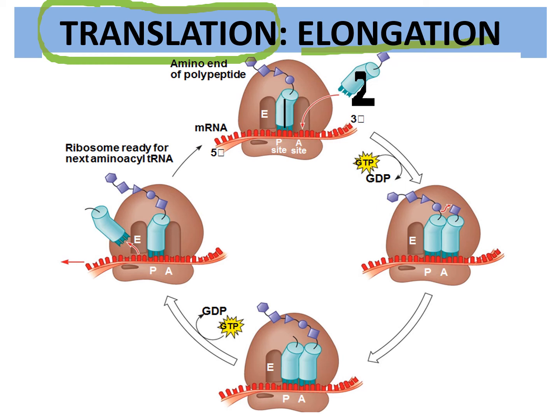So in diagram number 1, or let me rather call it diagram number A, we can see that your tRNA molecule number 1 is in the P site, and there is a polypeptide chain which is starting to form. However, your entire mRNA code has not been fully read by your ribosomal unit as yet. In other words, there are still more amino acids which need to be added on to your polypeptide chain.